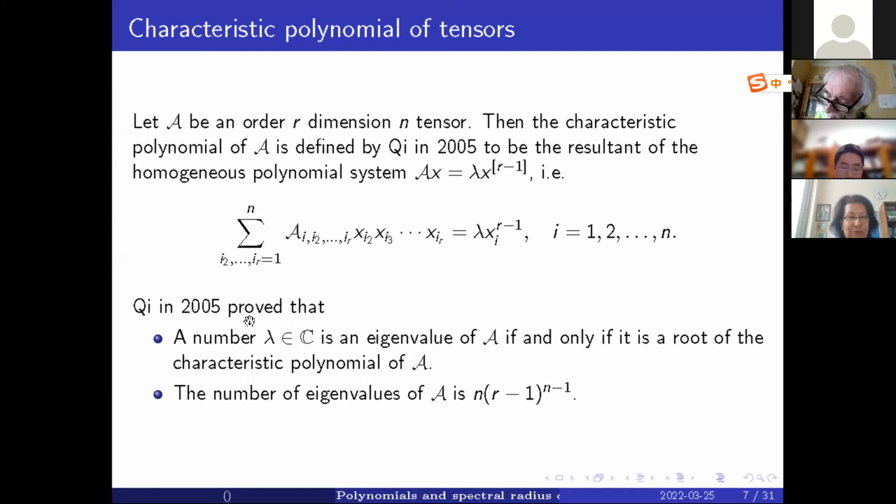There are two fundamental results on eigenvalues of tensors. A number lambda is an eigenvalue of tensor A if and only if it is a root of the characteristic polynomial of tensor A. The number of eigenvalues of a tensor of order r and dimension n is n times (r minus 1) to the power n minus 1.